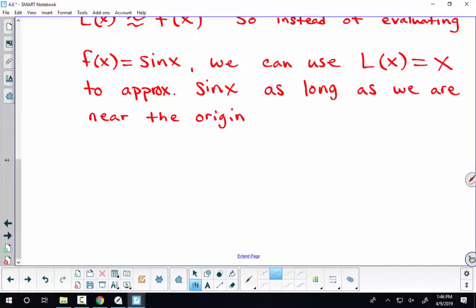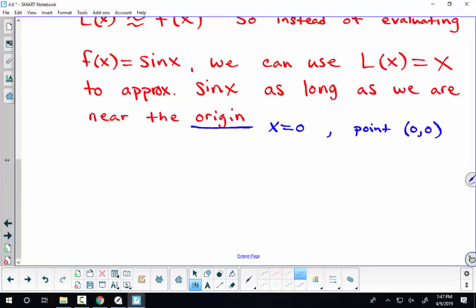And the reason we need to be near the origin is because we constructed our tangent line at x equals 0, which gave us the point 0, 0 on the sine function.